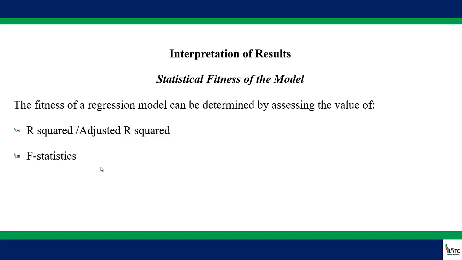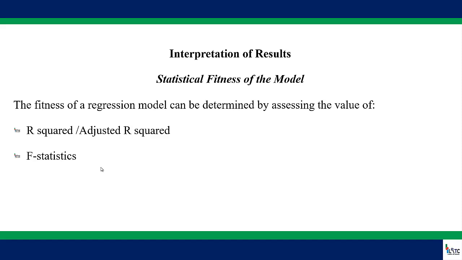If a particular independent variable is not useful in explaining the dependent variable, adjusted R-square will not increase, but R-square will always increase. So that's why most times we rely on the adjusted R-square to determine the statistical fitness of a model.